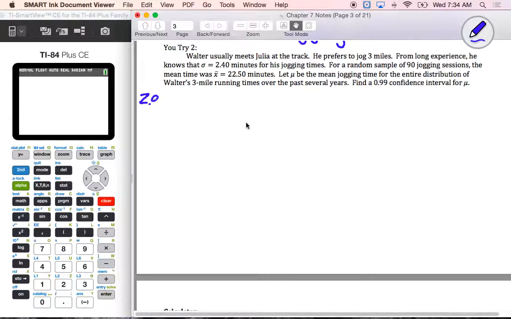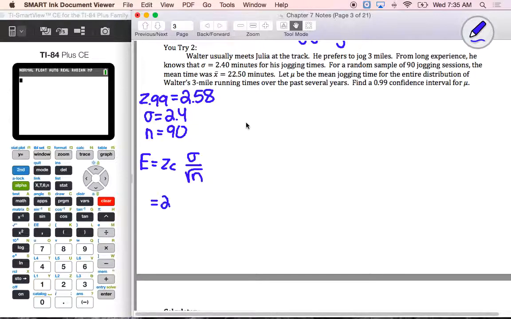So your Z of 0.99, you used your chart. So if I look at that, we should have a 2.58. That tells us our sigma is 2.4, and our n is going to be 90 again. So I take my ZC times sigma over square root of n.